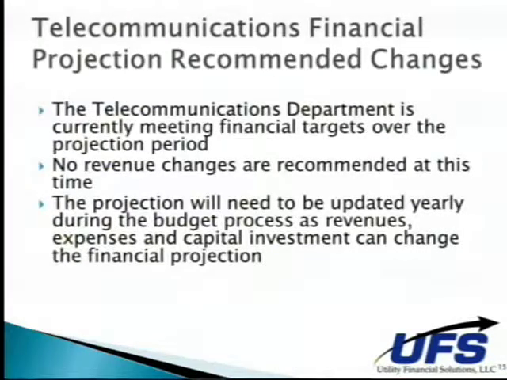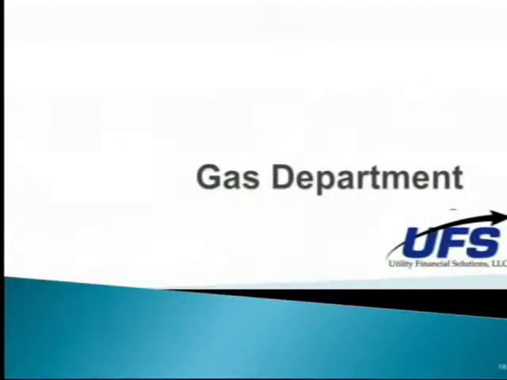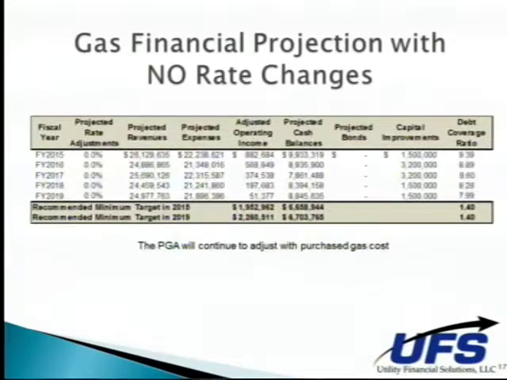Now let's move to the gas department. If we want to flip to page 9, there are 2 slides I want to talk about on the gas department. The first slide is the summary of the 5-year financial projection with no revenue or rate changes. The columns that I want you to concentrate on are the 2 middle columns and that last column called debt coverage ratio. You can see the adjusted operating income.